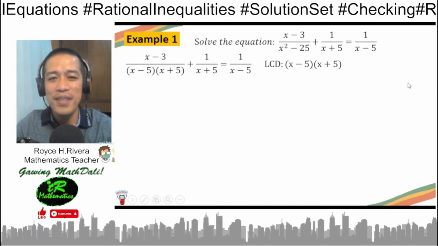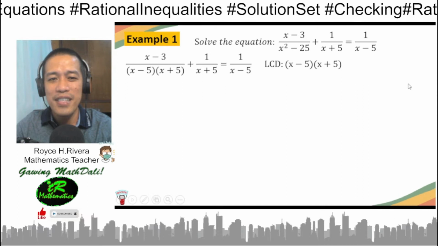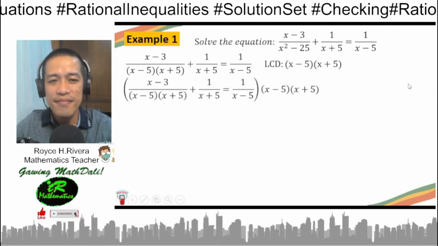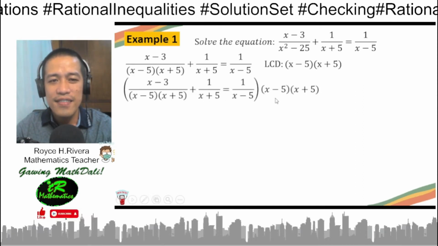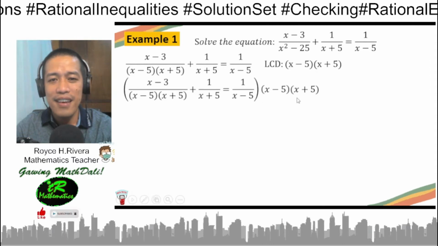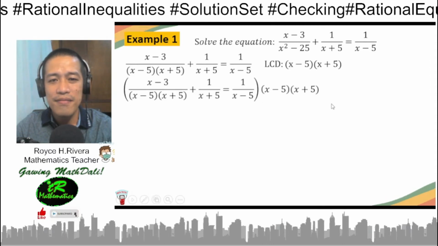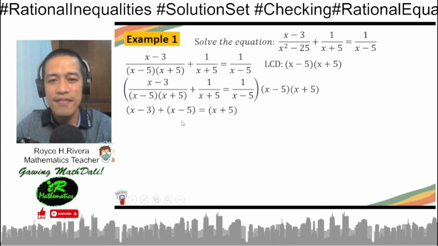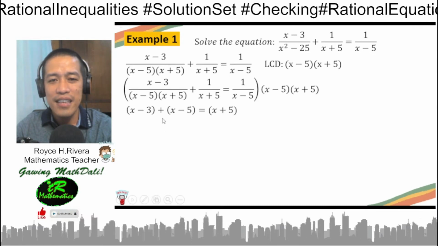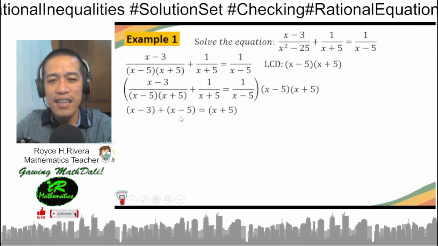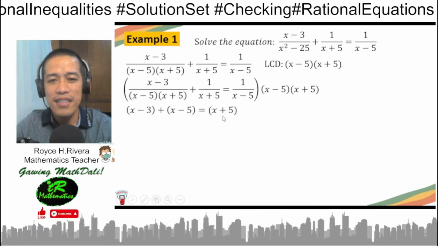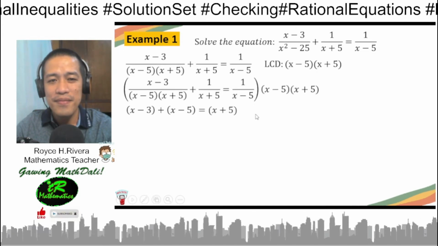Now, we can multiply the LCD to both sides of the equation. Getting the product, we will have x minus 3 plus x minus 5 equals x plus 5.